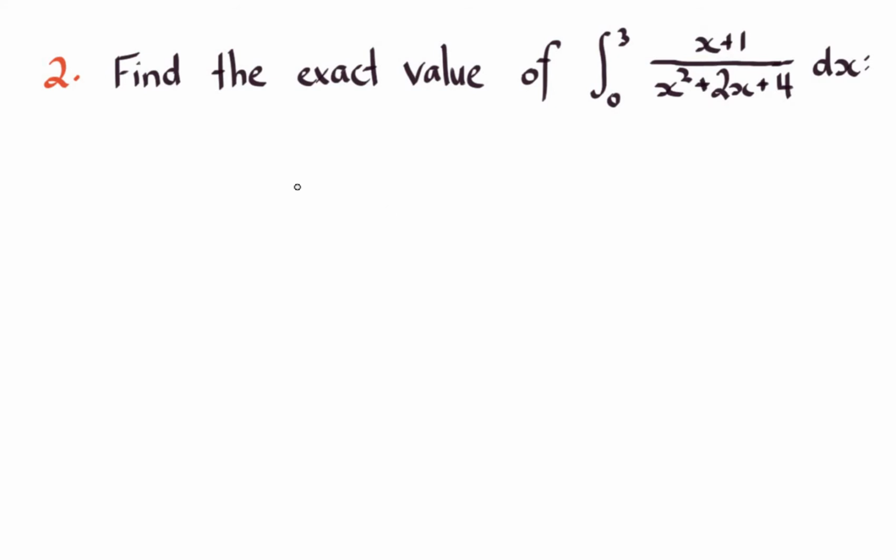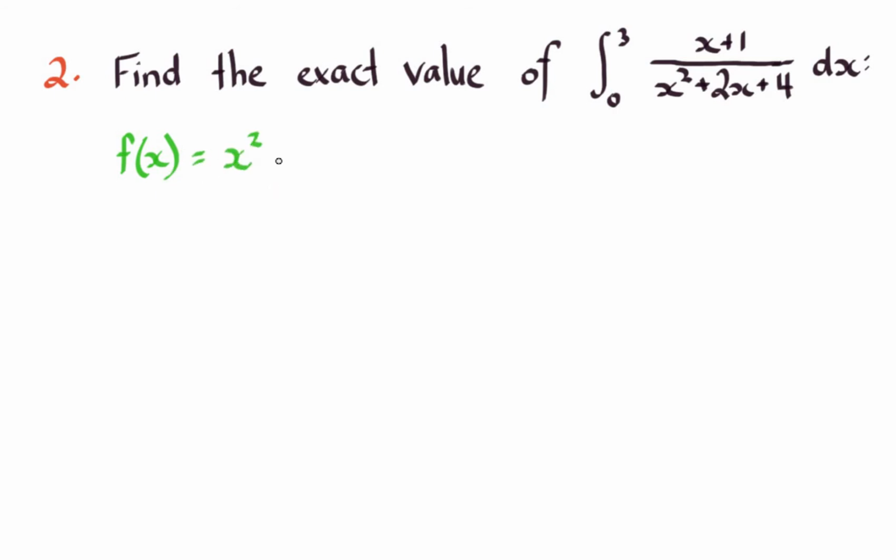The fact that the degree of the polynomial on top is 1 and the degree on the bottom is 2, this lets us know that, hey, maybe we're looking at a log function here. So let's just focus on the function of x on the bottom. Let's call that f of x.